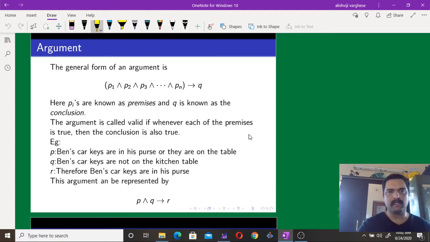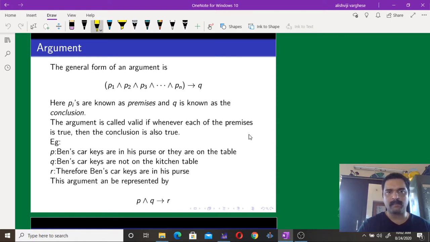So if you have n statements, then we can conclude that another statement Q is true. This statement is said to be valid if, whenever all the premises P1, P2, etc. up to Pn are true, the conclusion is also true.